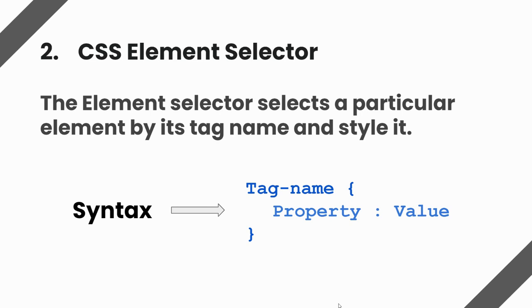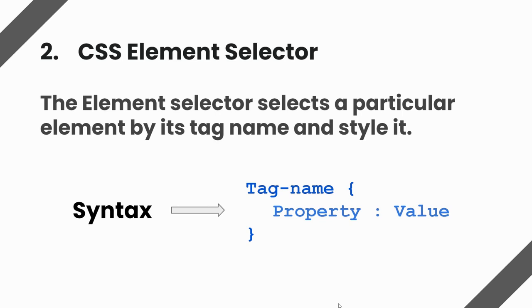Now mind you, if you have multiple p tags within your HTML document and you use this element selector, it's going to affect every element that has the p tag. By that, I mean if you have multiple paragraph elements, or the heading elements, heading 1 to heading 6.